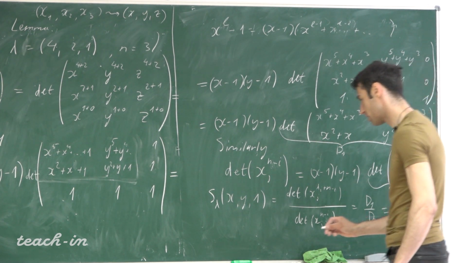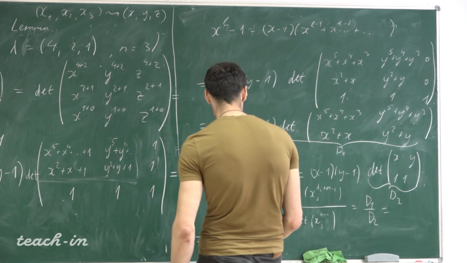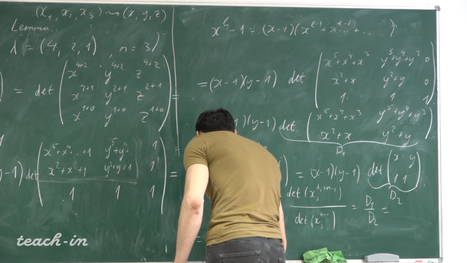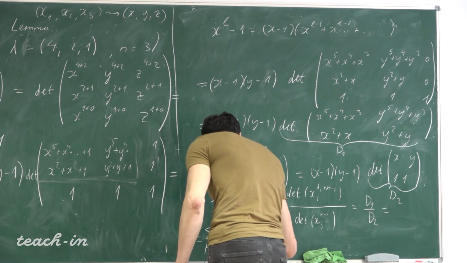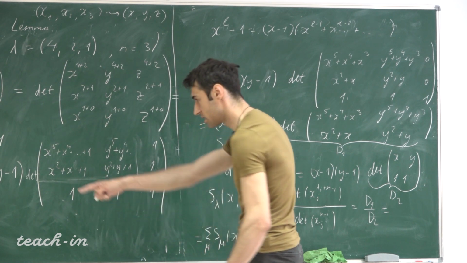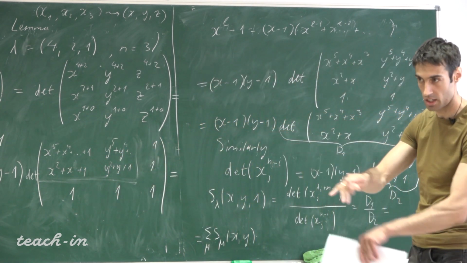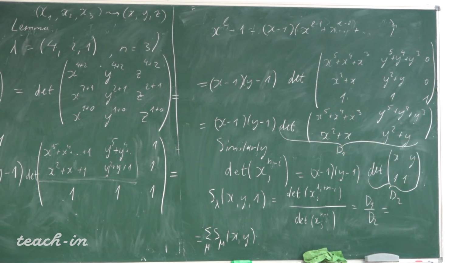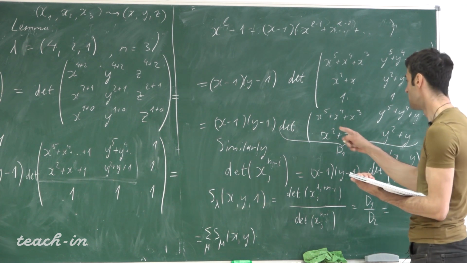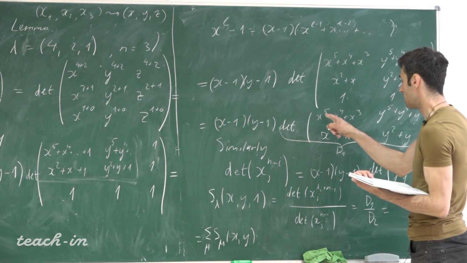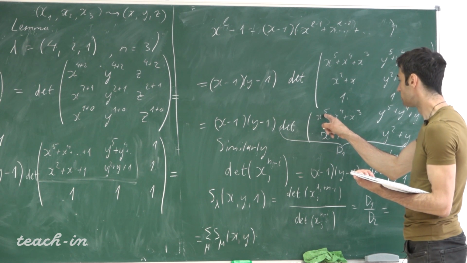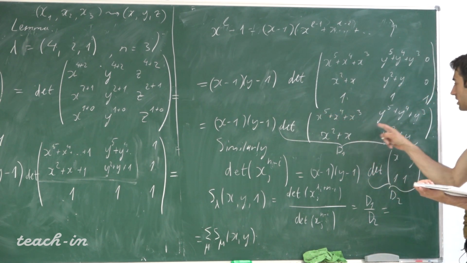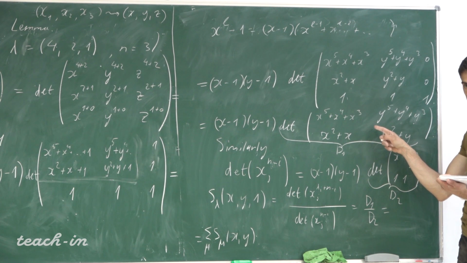What I claim is that this is actually the sum over mu of S mu of x, y, where the sum is the same as there, over all mu's that are interlaced with lambdas like that. So why is it like that? You just need to see what terms we have here.